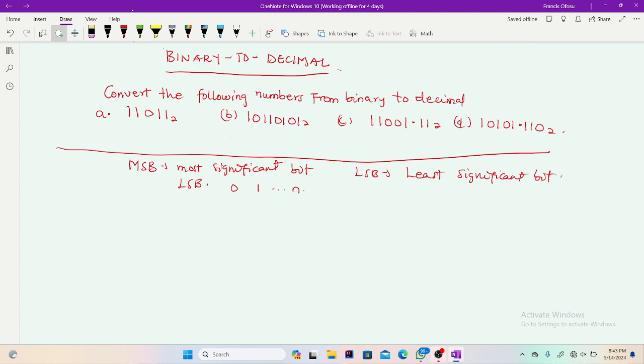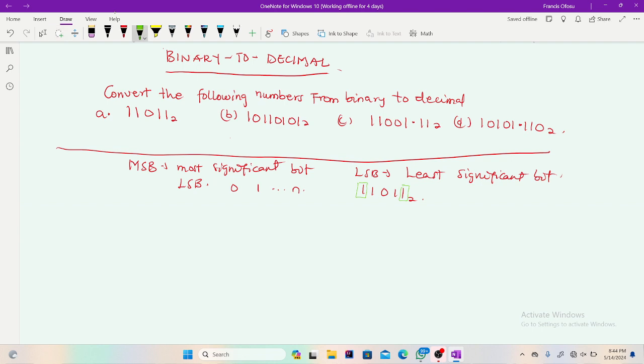So if you have a number like 11011 base 2, this particular bit is what we call the least significant bit, because it is the last number here. Then this is what we call the most significant bit, which is the starting one. The least significant bit has a smaller value as compared to the most significant bit.